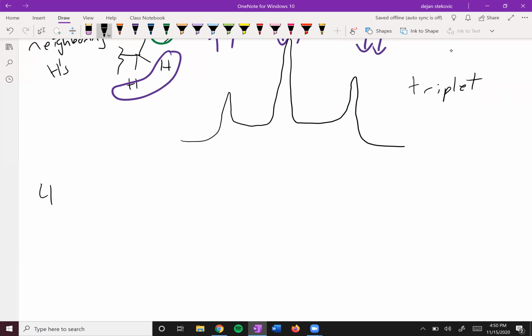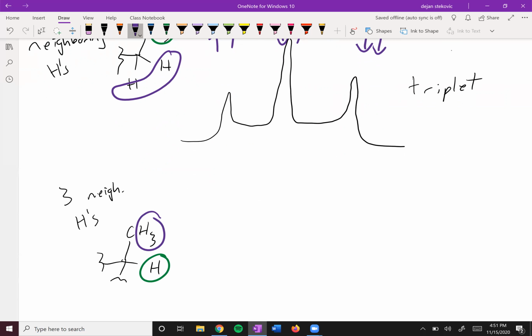Then what if we have 3 neighboring hydrogens? This time, let's take a look at this hydrogen, which is being split by all 3 of these hydrogens here. And so if we think about the way these hydrogens can be organized, they can all be down, they can all be up, or we could have 2 down, 1 up, or 2 up, 1 down, right?